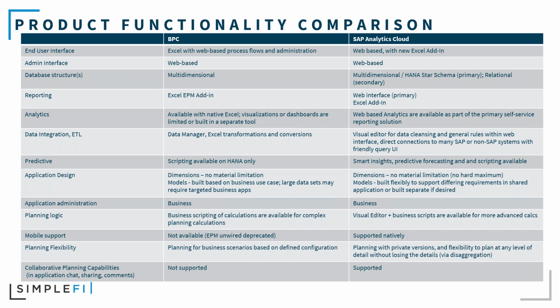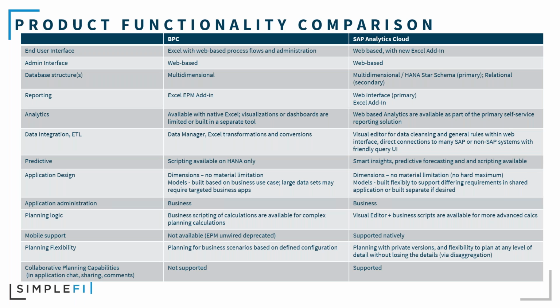I will also say that from an integration standpoint, what you are getting with SAC are some of those direct connects, with a friendly UI, I should say. So it's not just coding and having to understand what I want to pull in, like you might need to do from a SQL query or other. It allows you to drag and drop: I want to bring in my account field and my entity field and my cost center field.